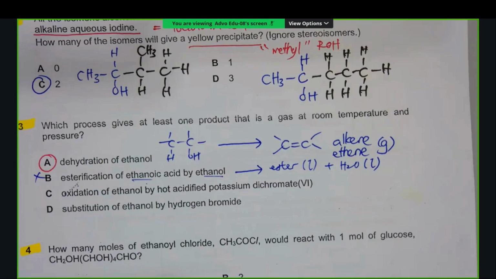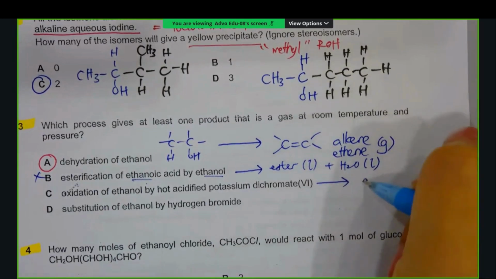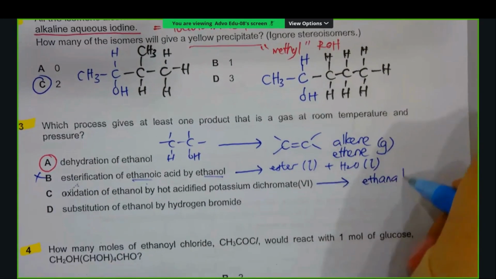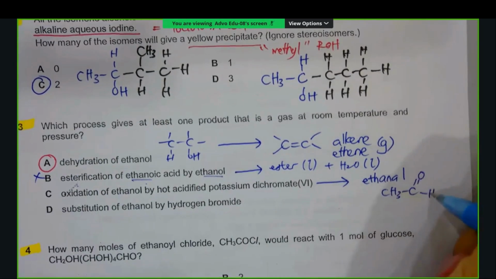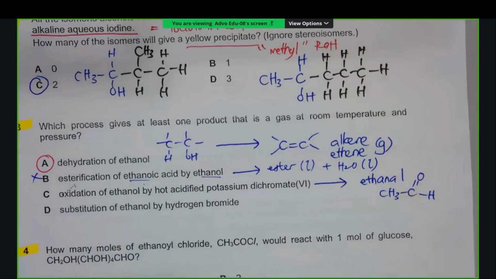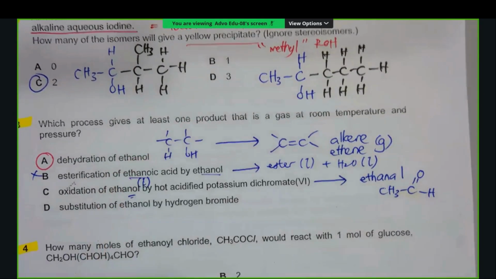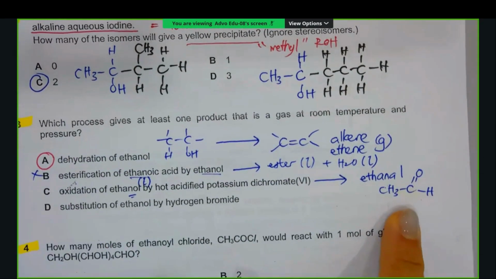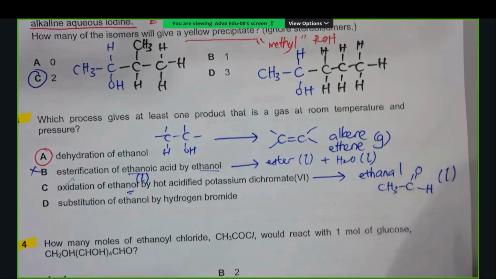Okay. Oxidation of ethanol by hot acidified potassium dichromate. In this case, it will give you CH3CHO, which is an aldehyde. Your ethanol is already a liquid. Upon oxidation, I don't think the Mr changed much, so probably this one will also be a liquid.